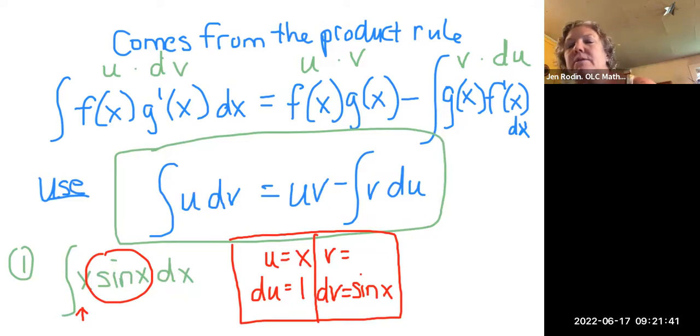So we're really finding the antiderivative of sine, and we're going to put it up here. So it's negative cosine of x. Then we double check, make sure the derivative of negative cosine goes to positive sine. Derivative of x goes to 1. And then we're ready to use the formula.